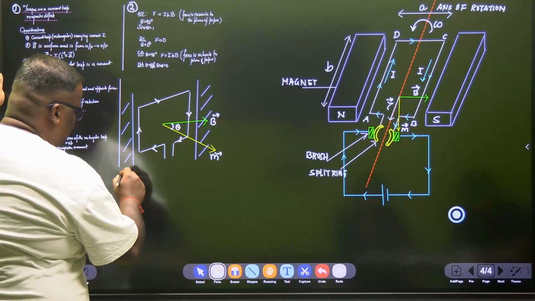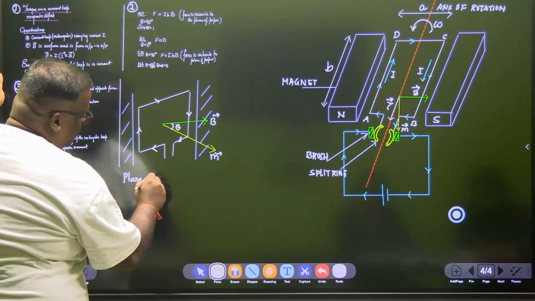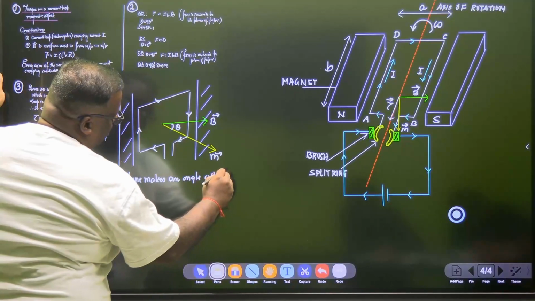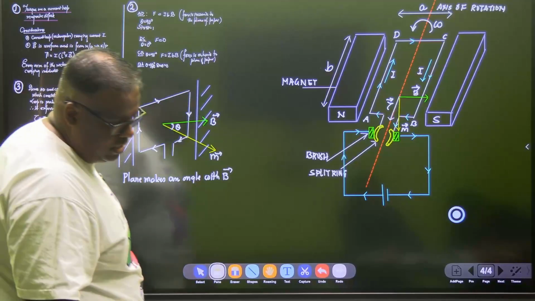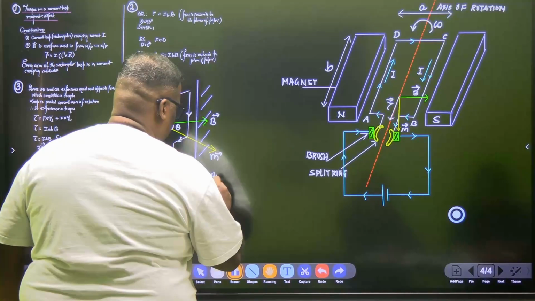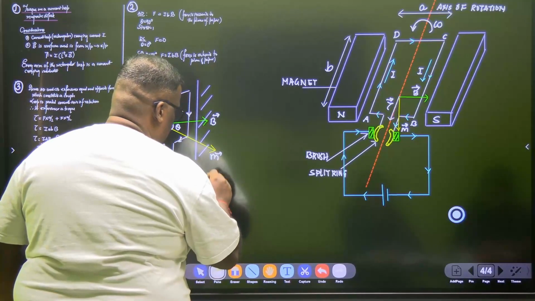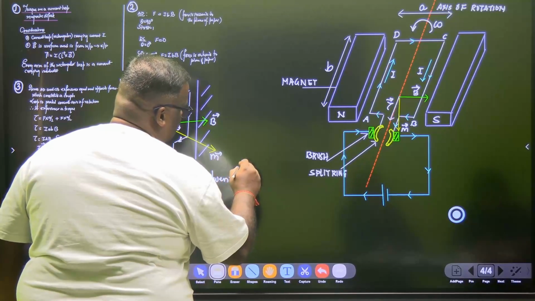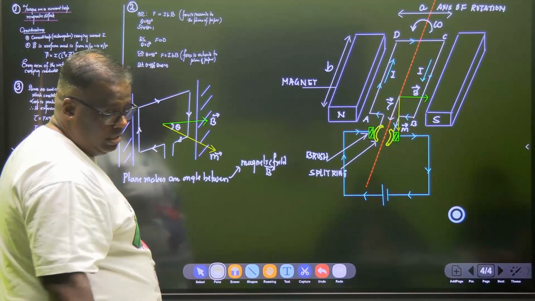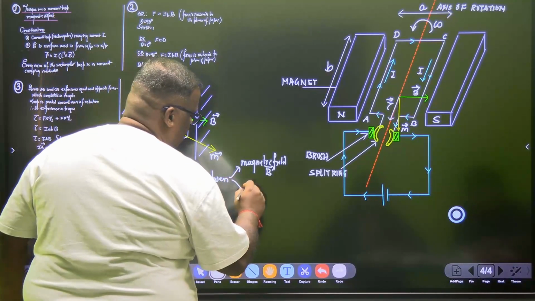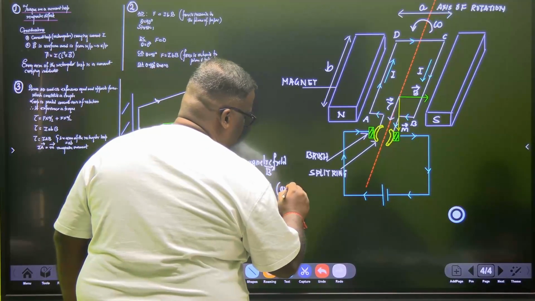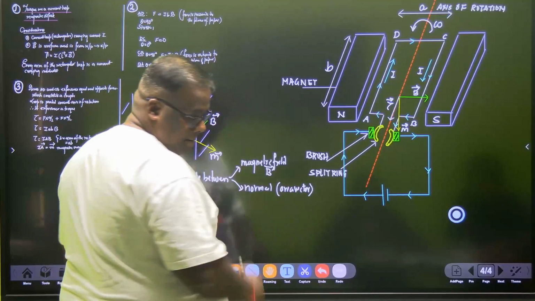So, I'm writing something. The plane makes an angle between, one is the magnetic field, which is B, and the other one is the normal, that is the area vector, not the plane.